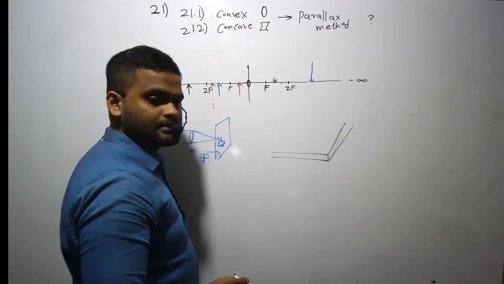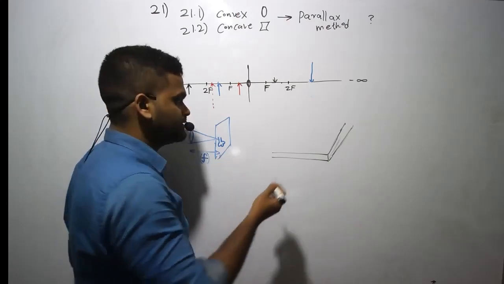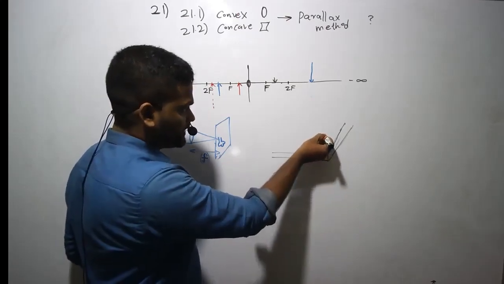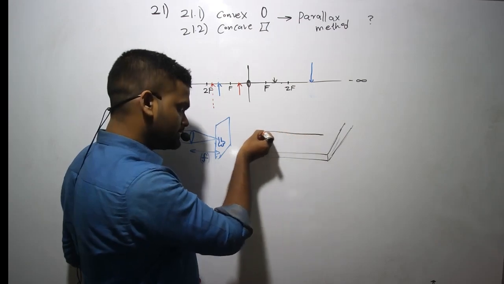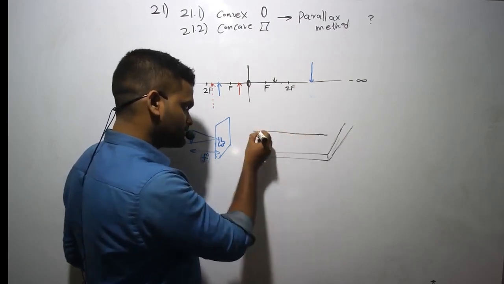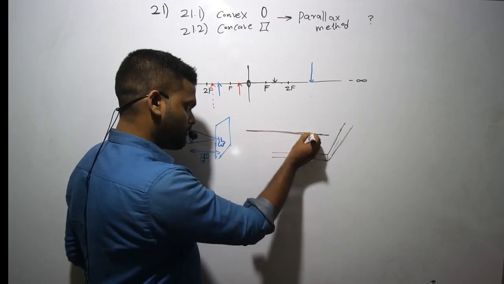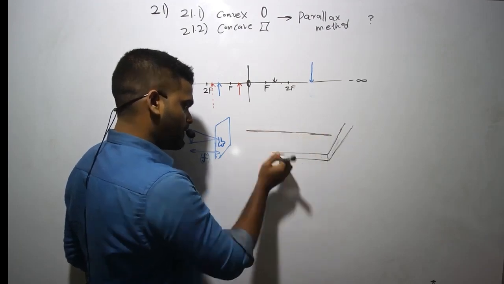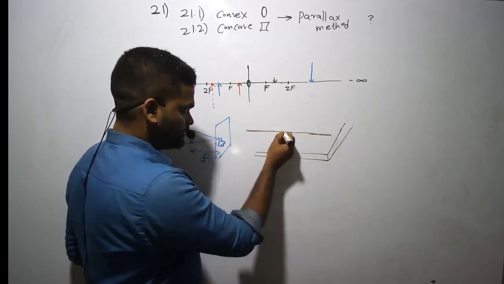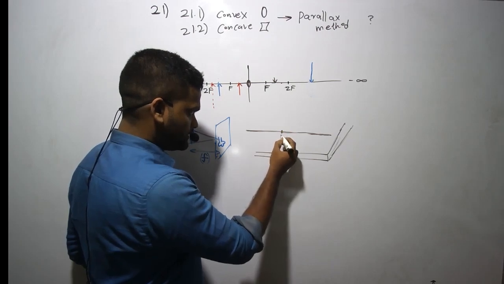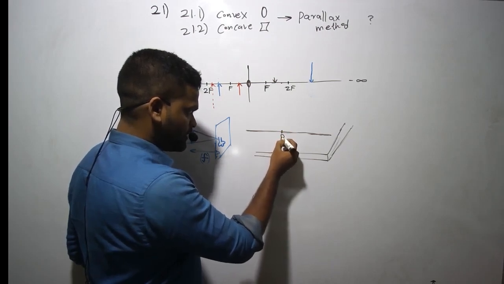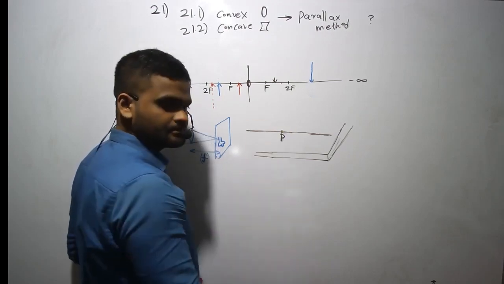Using a chalk or something, you draw a straight line on the table like this. Then you can mark a point. This is the position where you are going to place the lens.